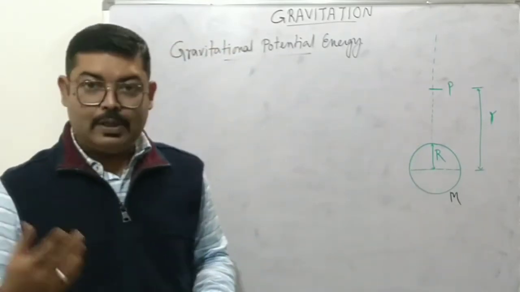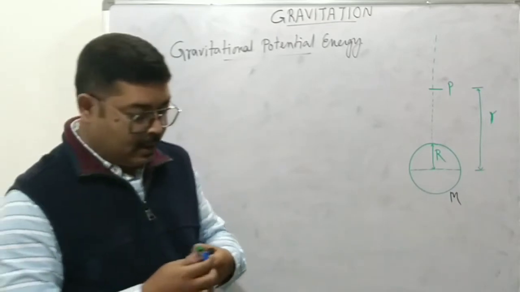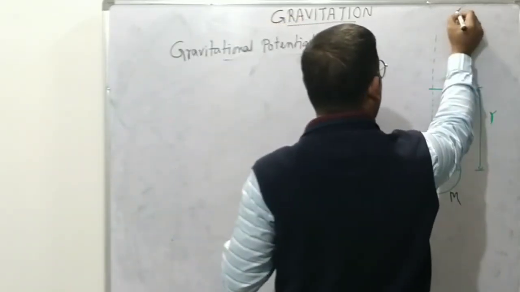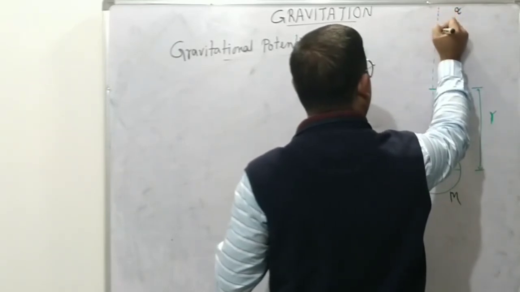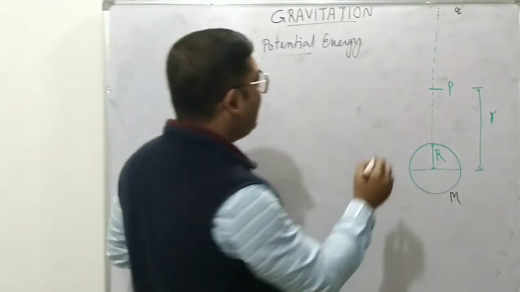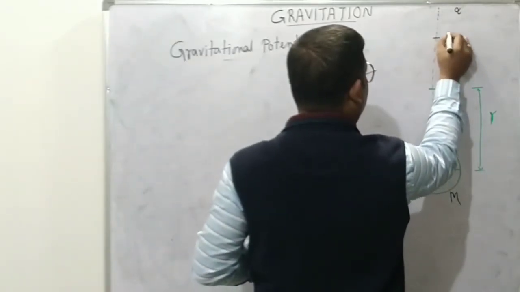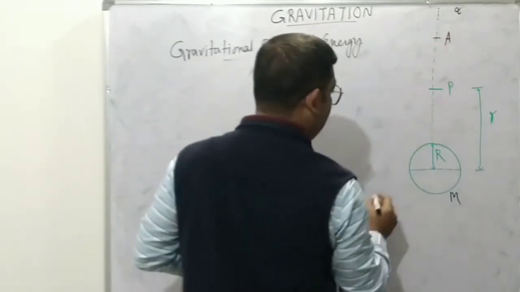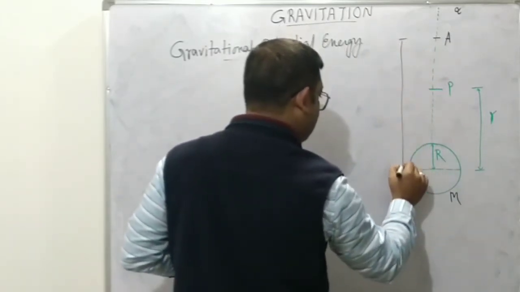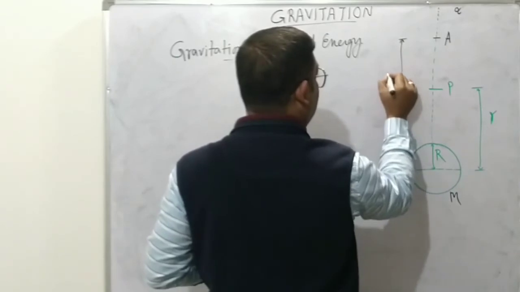To do this, using the second definition, the object was initially at infinity, and we brought it along this path from infinity. Let's say at any given point, it was at A, and the distance of the point A from the center of the given mass is x.